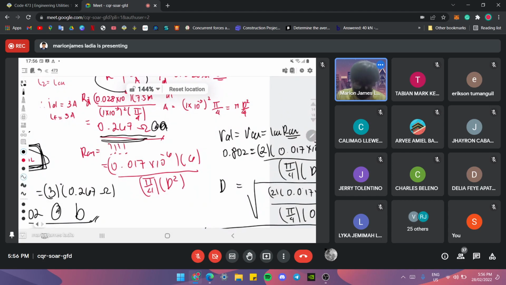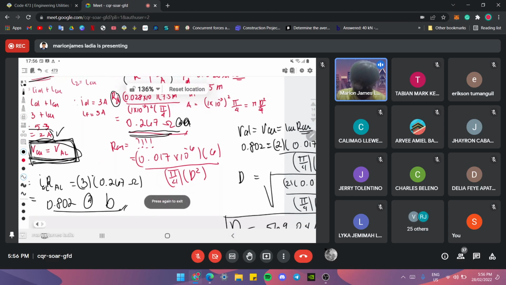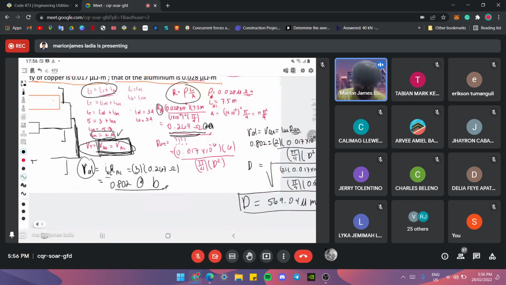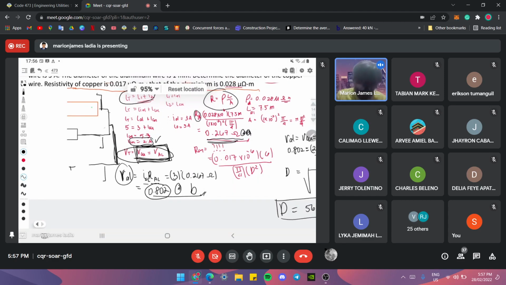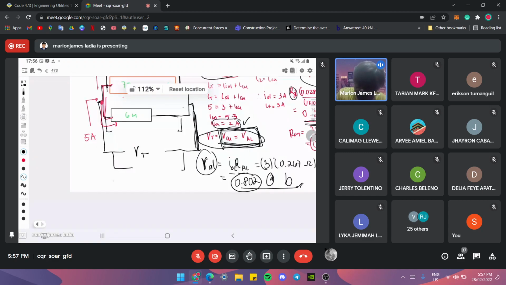Pangalawa is that after solving for my RA, pwede ko nang kunin yung aking voltage sa aluminum. Kasi nga meron na akong I aluminum at R at my aluminum. So since voltage is equal to IR from Ohm's law, so therefore nakuha natin yung value ng voltage natin which is equal to 0.802 volts. Ito. Yung voltahe dito, so kumbaga, so pag ginawa ko yung circuit nito, ganito siya, tapos ganito siya.